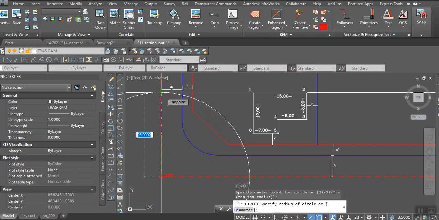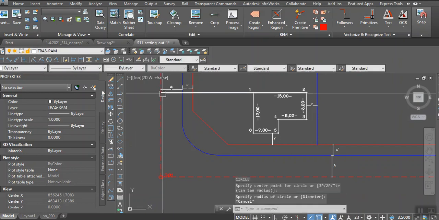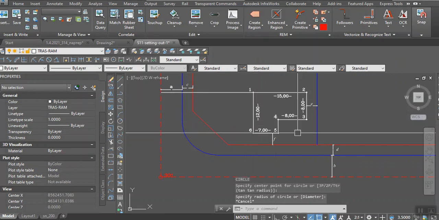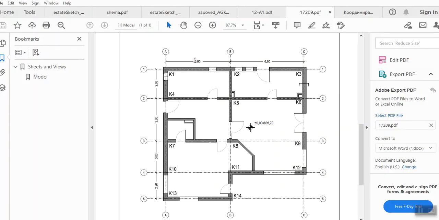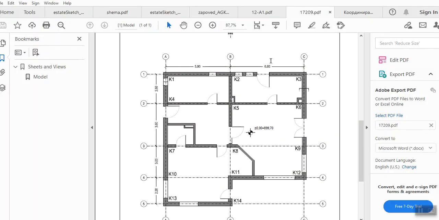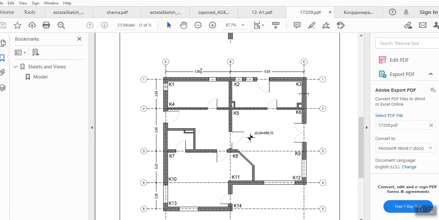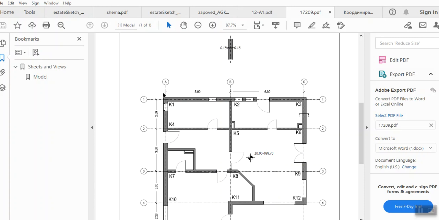So how to calculate the distance? Well, this is very simple. Firstly, you need to calculate the sides of the building using your individual assignment. It is very easy. You have here the distances between the axes. So this side is going to be 5.9 plus 6 meters plus 15 centimeters here and 15 centimeters here.